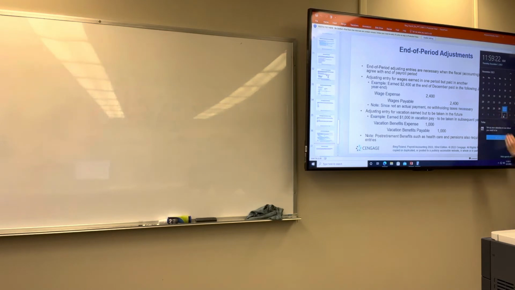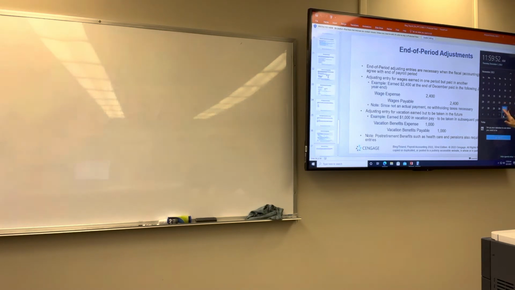Okay, so for these 2 weeks, our employees, if they worked during these days, any of these days, they're not going to get paid until December. However, we have accrued an expense, or a liability, for those days as of the end of November 30th.